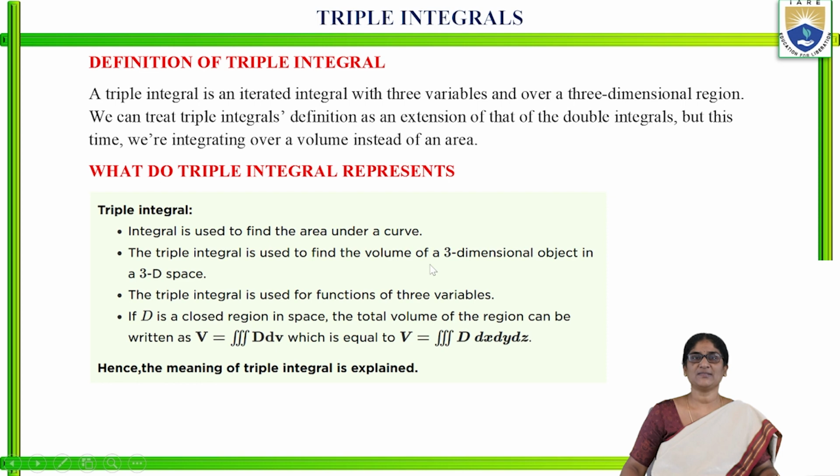Now, what is the definition of triple integrals? A triple integral is an iterated integral with three variables over a three-dimensional region. We can treat the triple integral definition as an extension of that of the double integrals, but this time we are integrating over a volume instead of an area. What does a triple integral represent?